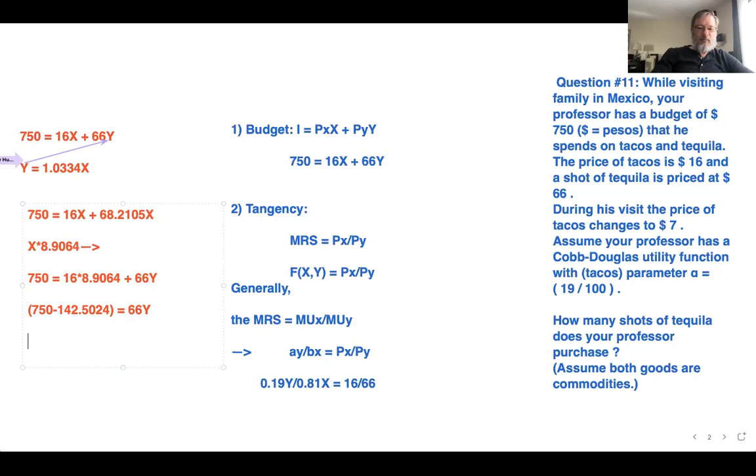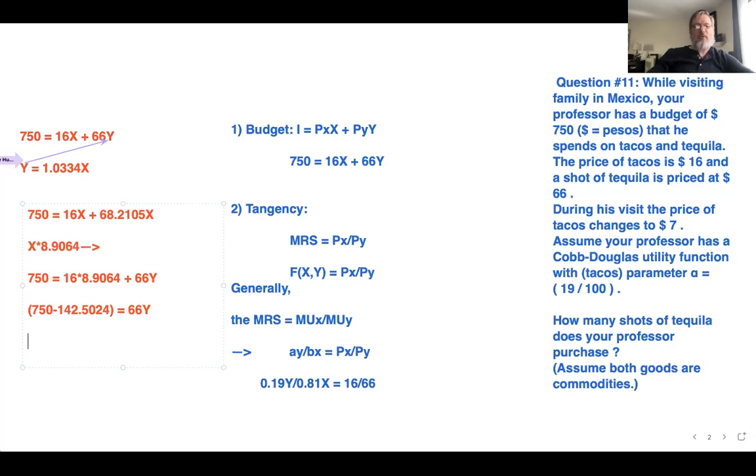And so 750 minus 142.5024 is equal, and I get 607.4976. So divided by 66. 607.49 divided by 66.